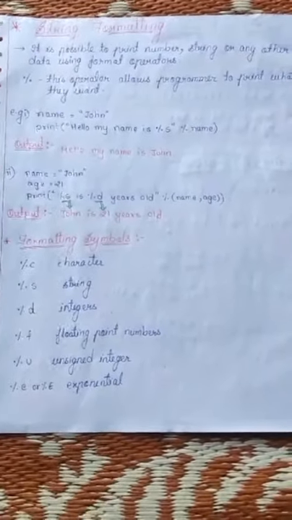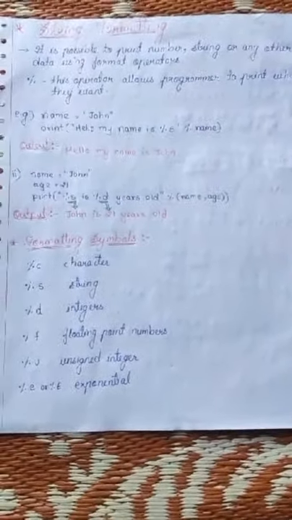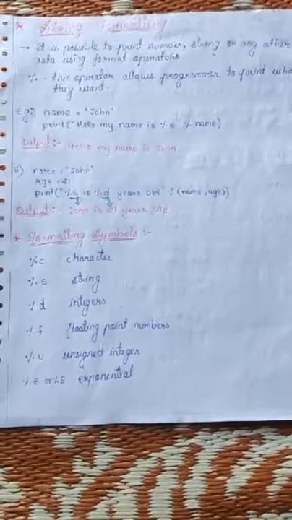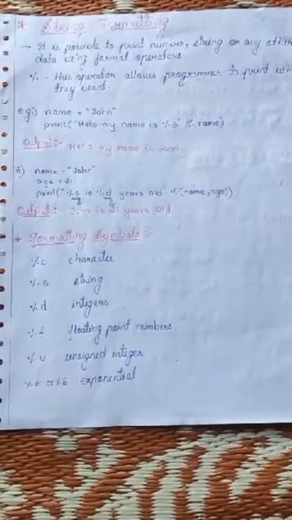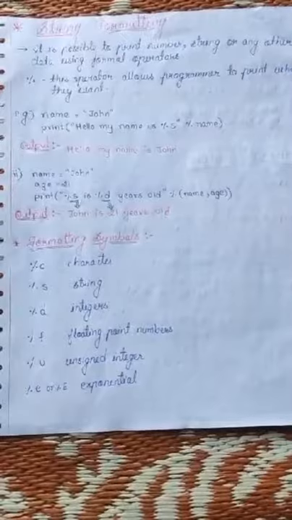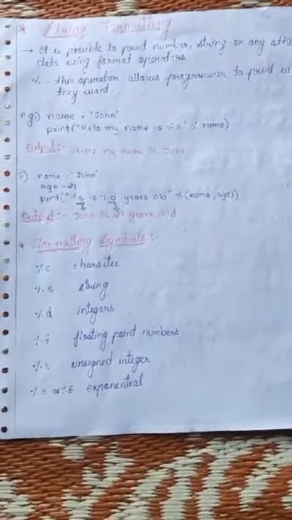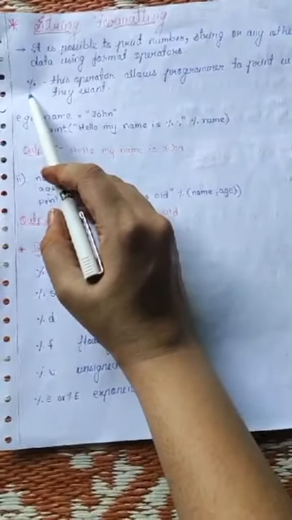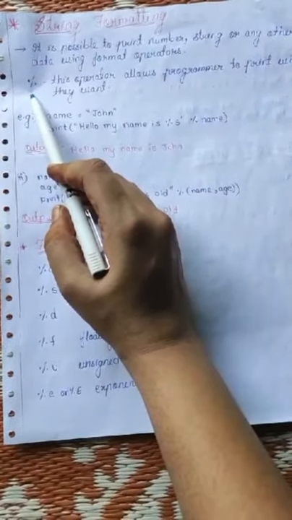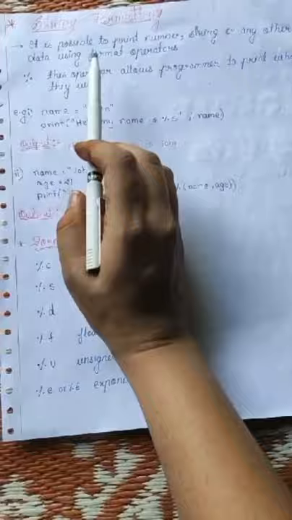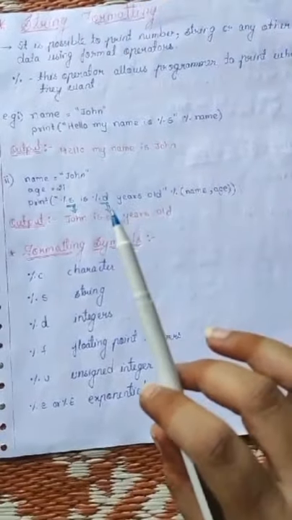Next topic is string formatting. So what do you mean by string formatting? Simply, in how many different ways we can display our string within some formats. Here the percent operator is used, which allows us to print what we want.